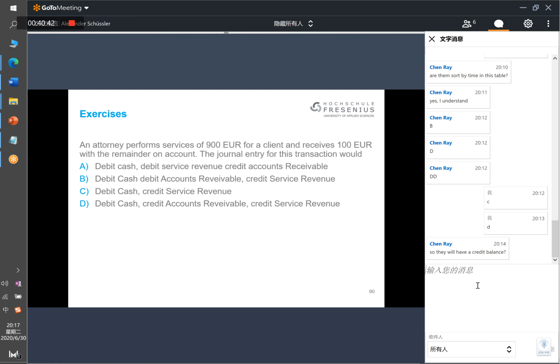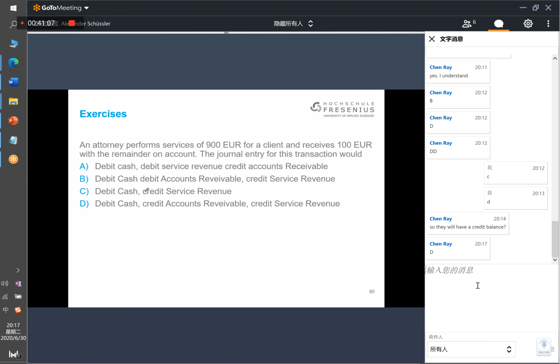We have an attorney that performs services of 900 euro for a client and receives 100 euro in cash. So what do we have to do with cash? We have to debit cash. What do we have to do with accounts receivable?